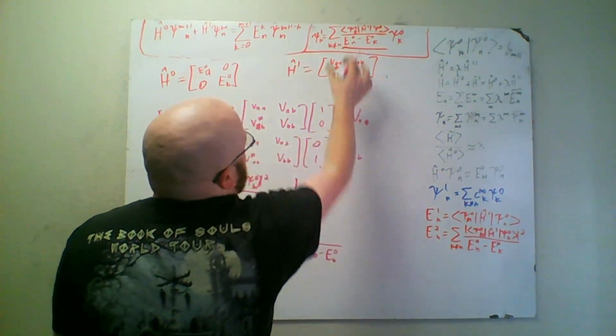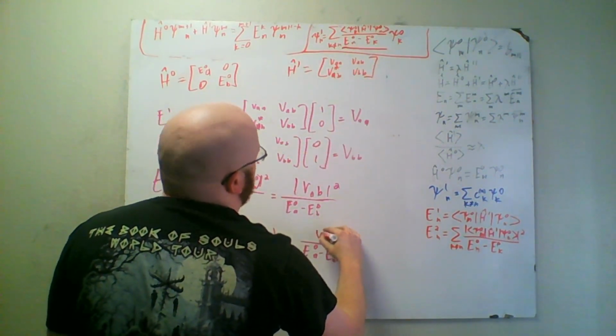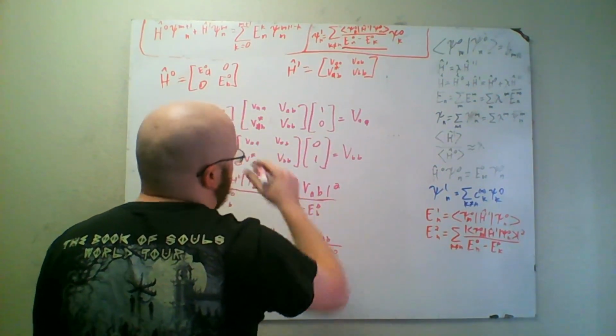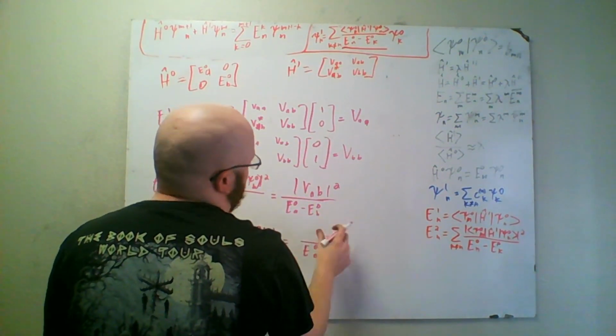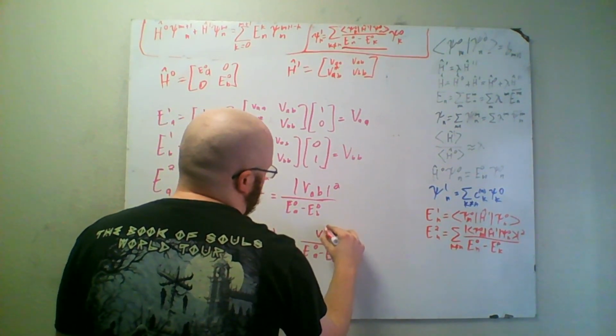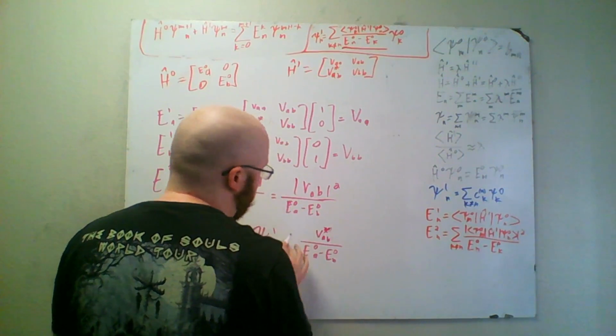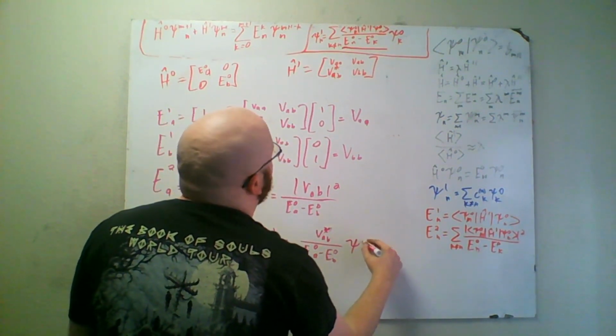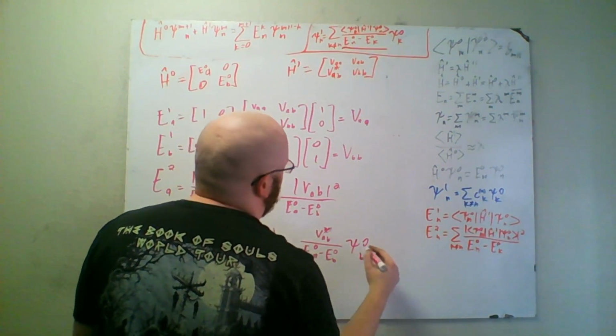And then that guy is just going to be VAB. K first. And we can do VB conjugate VAB. It won't matter because, once again, wave functions are scaled by all kinds of stuff. But psi 0B.